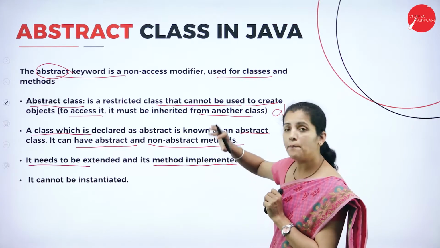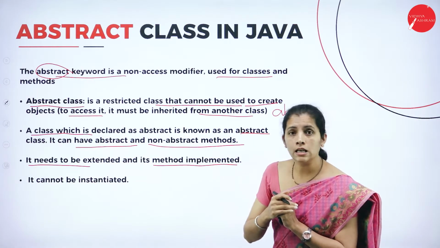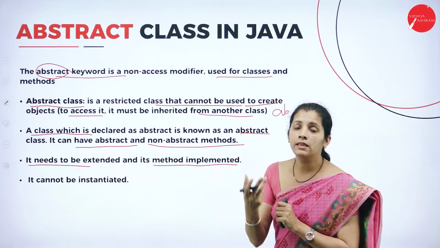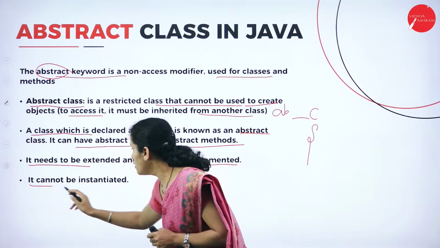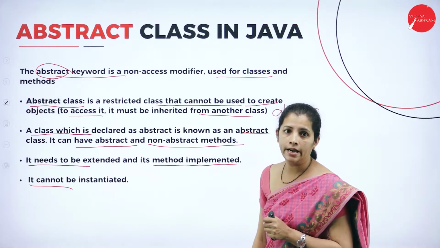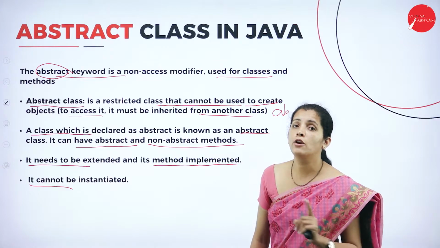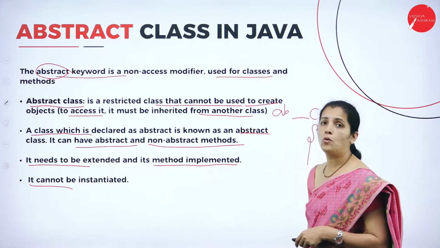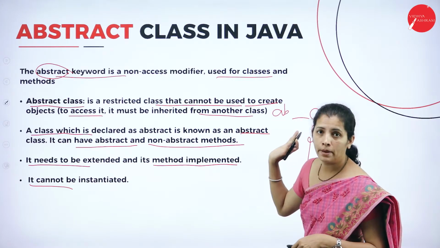That means an abstract class must be extended by another class, then all the methods must be implemented, and it cannot be instantiated. So for any abstract class, we cannot create an object. So these are the points you need to remember.